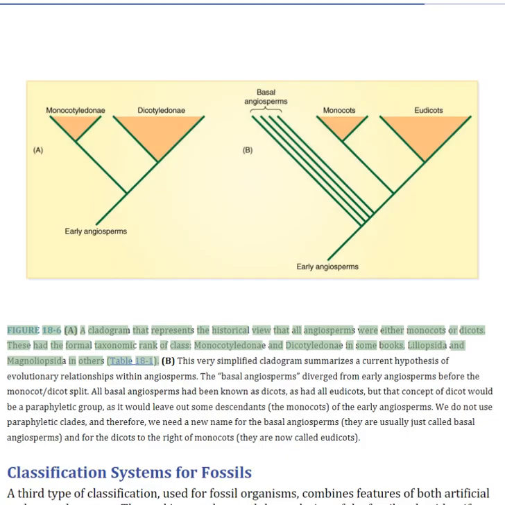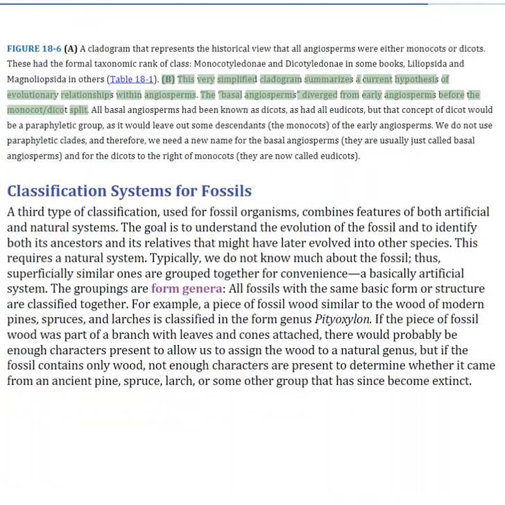Figure 18-6, a cladogram that represents the historical view that all angiosperms were either monocots or dicots. These had the formal taxonomic rank of class, Monocotyledoneae and Dicotyledoneae in some books, Liliopsida and Magnoliopsida in others. This very simplified cladogram summarizes a current hypothesis of evolutionary relationships within angiosperms.